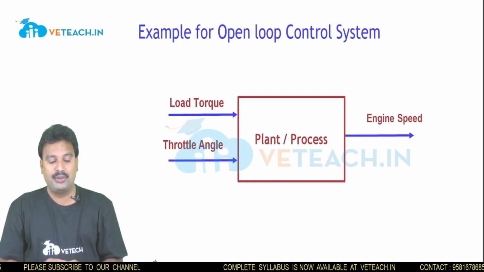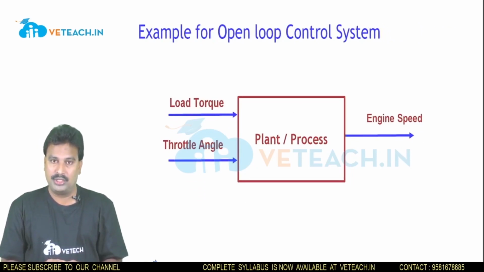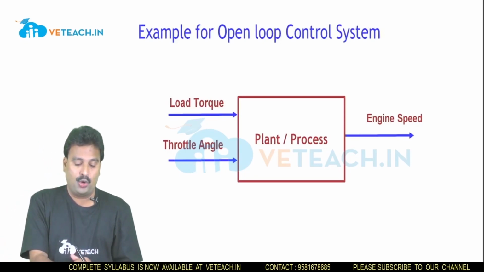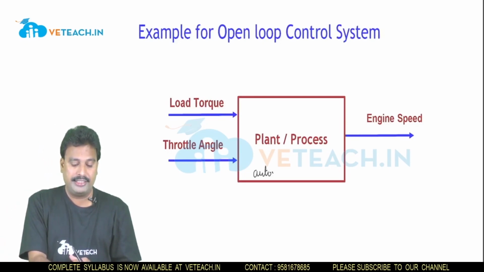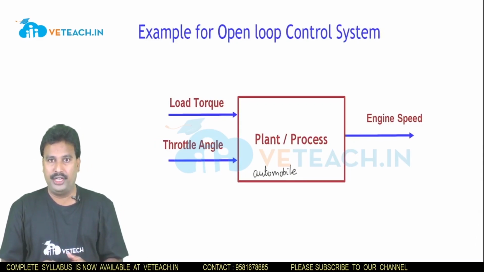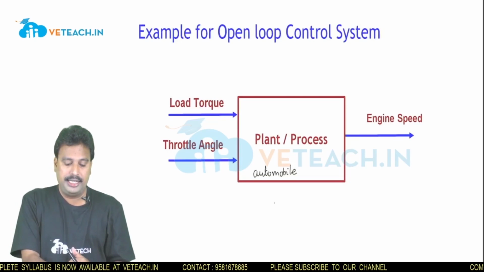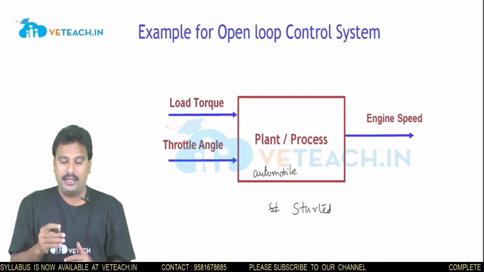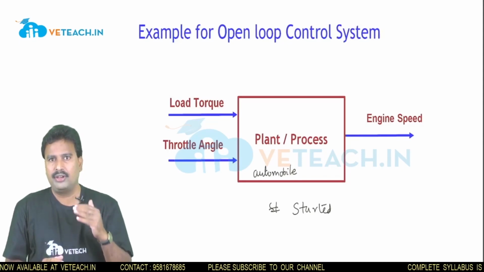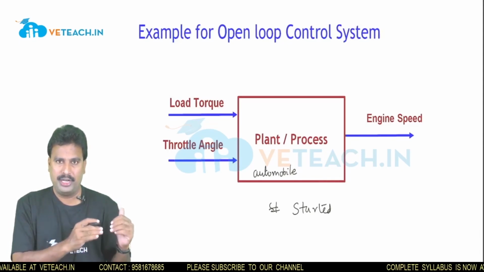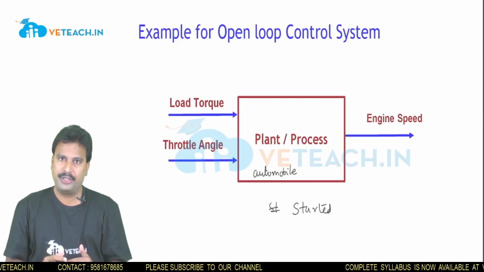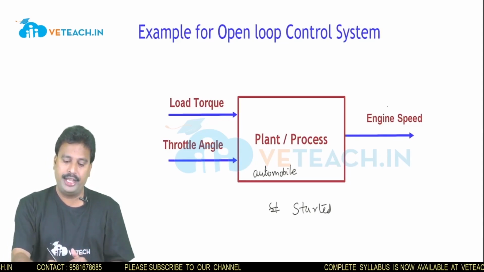We see an example for an open loop control system. For this open loop control system, I have taken an automobile as an example. You take any two-wheeler or four-wheeler. You have started the engine, and what happens? The moment you started the engine, the vehicle does not move. Suppose that you have applied the brakes and you are increasing the accelerator. Then what happens? The engine speed increases.